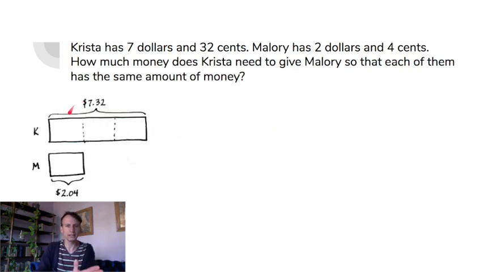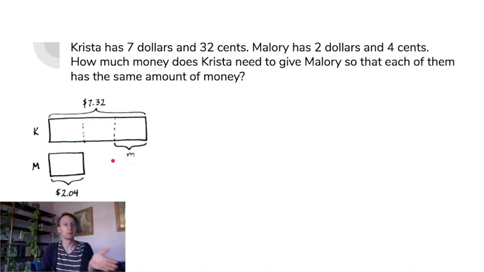Okay, so here is Krista, her $7.32. Here's Mallory's $2.04. Now, the amount of money she's going to give her, this is why I drew 3 partitions here. The amount of money that Krista is going to give her, picture if this was like butter, and I sliced the butter and brought it over here to Mallory's, then they have the same amount of butter.